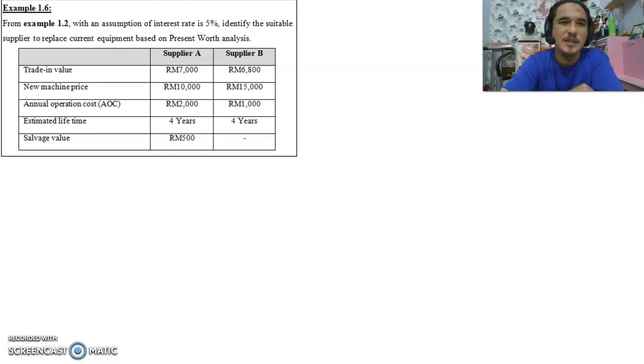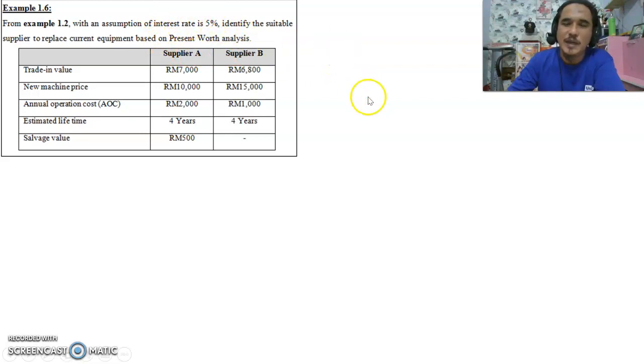The new machine for supplier A is 10,000, for supplier B 15,000. AOC is 2,000 for A and 1,000 for B. The estimated lifetime for both is 4 years. Salvage value for supplier A is 500 and supplier B has no salvage value. So how do we choose? How do we do the present worth analysis?